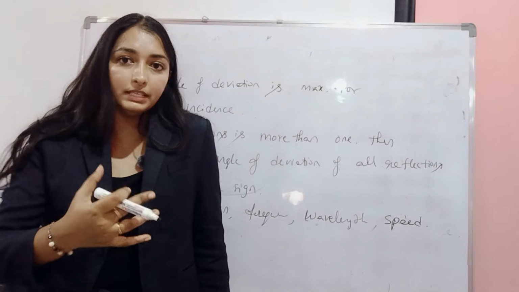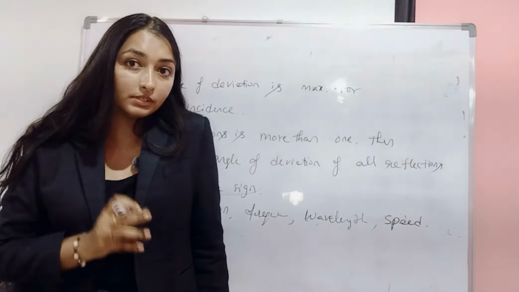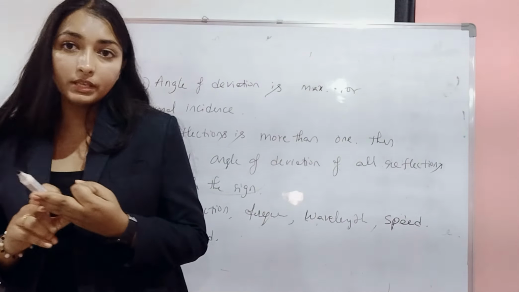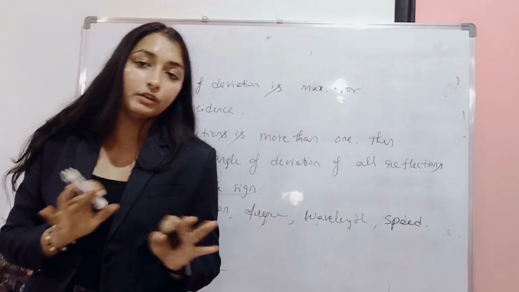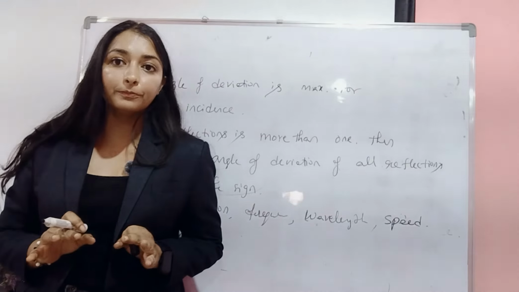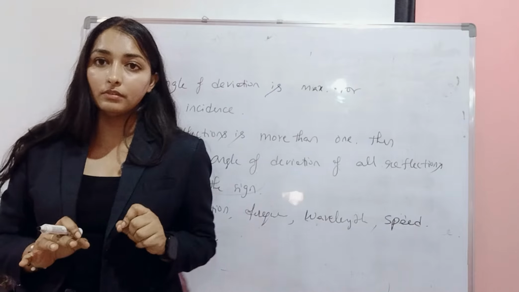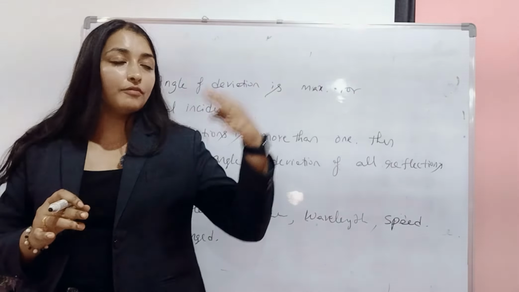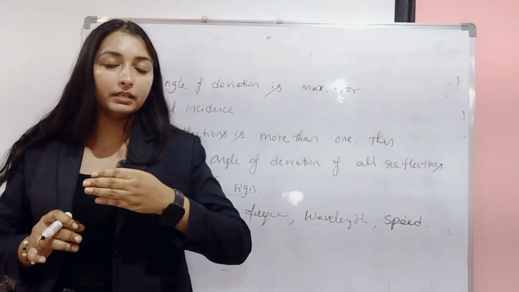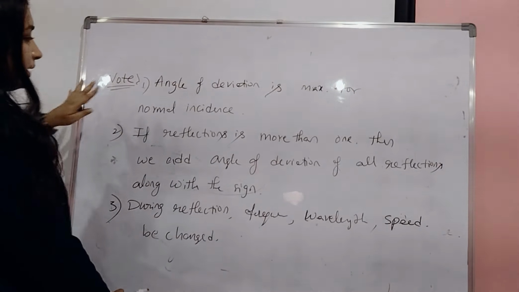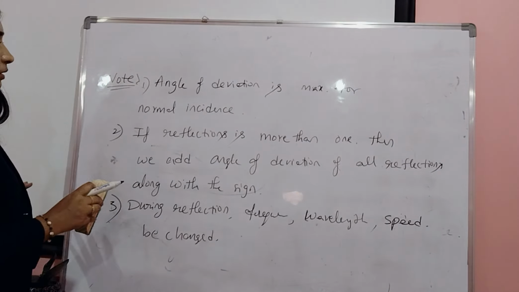It is not changing the medium, it is coming back into the same medium. So none of them is changed. Is it clear? So for every reflection, intensity will be decreased because after getting reflected, the intensity may be decreased. Is it clear? So these three are very, very important points.